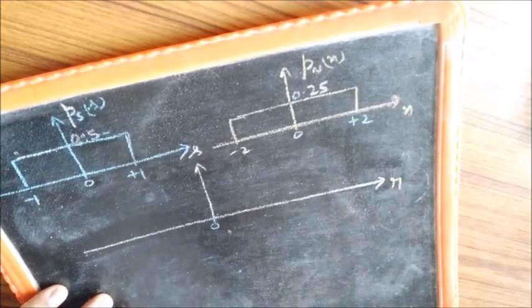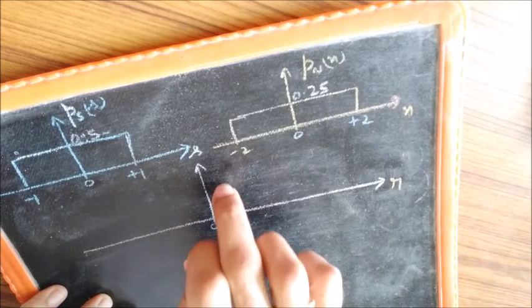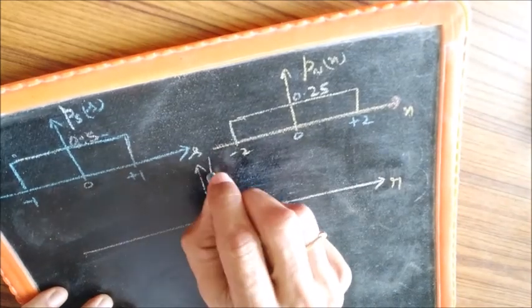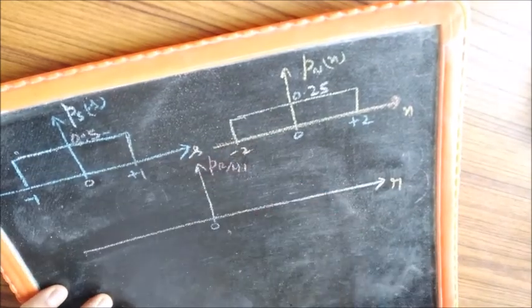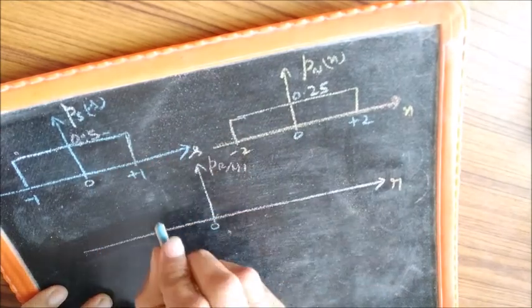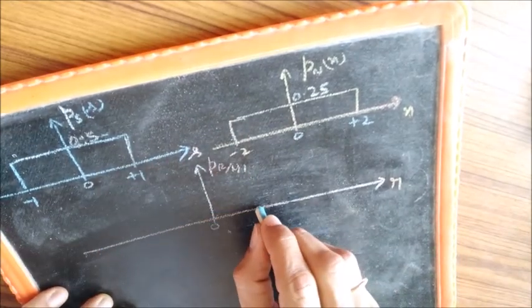So the convolution of these two, what I am going to have here is PRH1, which is the convolution of these two.